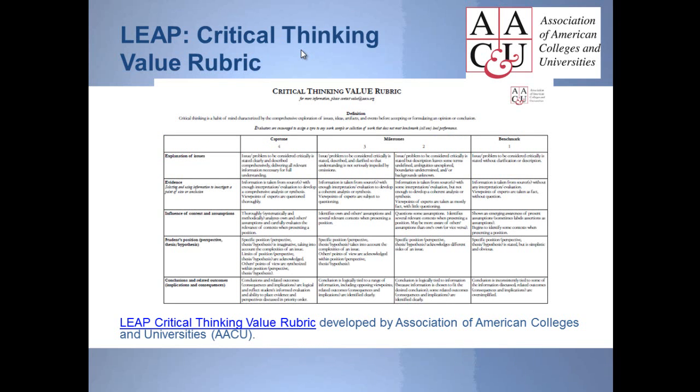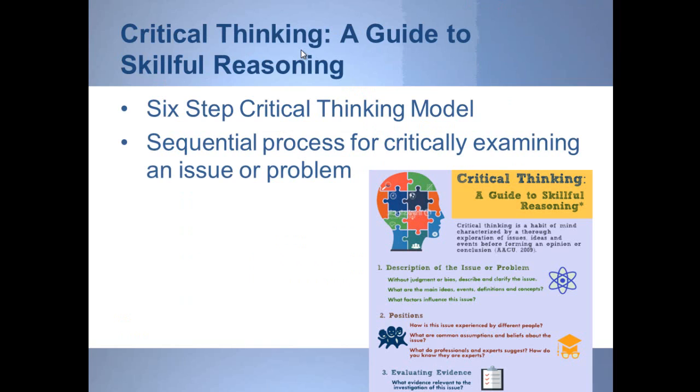We also looked carefully at the LEAP Critical Thinking Value rubric, which was developed by the Association of American Colleges and Universities. We liked the way that it created criteria in a sequential manner, starting at the beginning with critical thinking issues by explaining the issues, moving on to evidence, and finally to student position and conclusions and related outcomes.